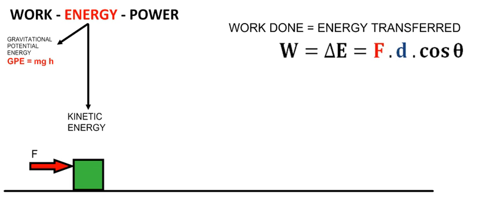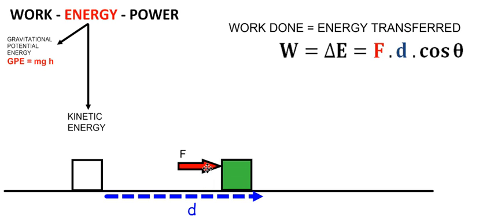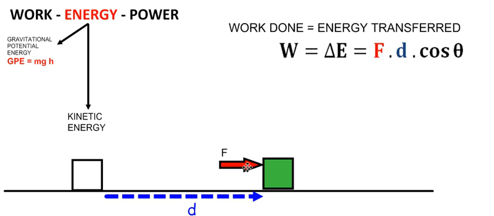We shall now consider kinetic energy. If we act a force F on a body on a frictionless surface, the body will then accelerate. If that force causes a displacement of the body of distance d, then it does an amount of work, and therefore energy is transferred.